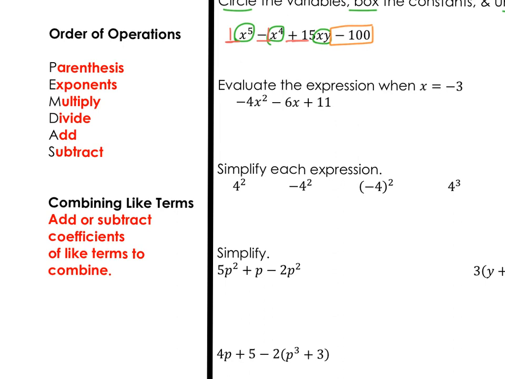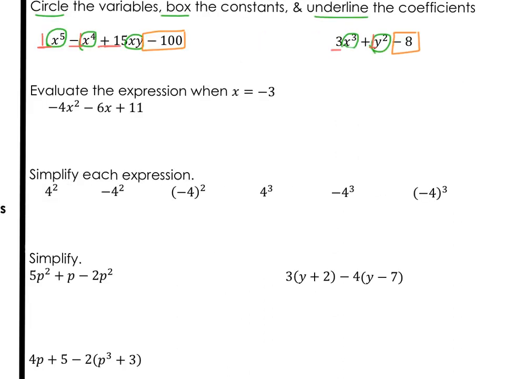If you know your order of operations, you'll be in great shape to evaluate the expressions on the right. Well, technically, we're only evaluating one expression. It says, evaluate the expression when x equals negative 3.